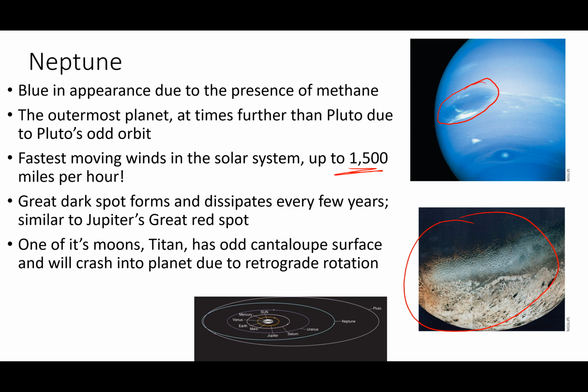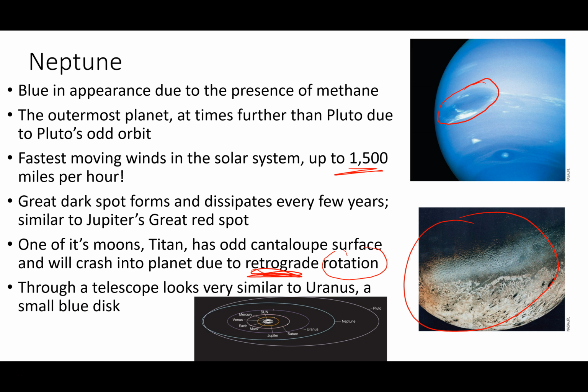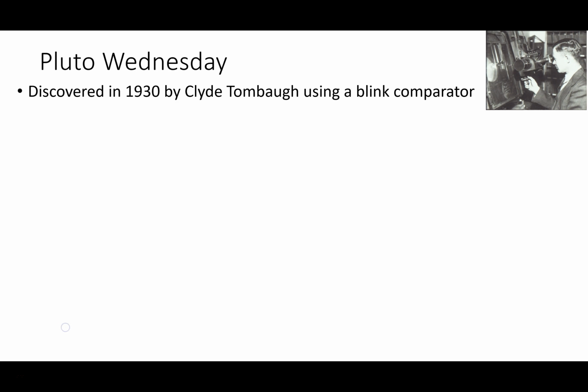The thing about this moon actually is that it is going backwards. Anytime you hear the word retro, think backwards, retrograde rotation, which means at some point it's going to smash into the planet Neptune, and probably give Neptune another ring. Neptune again looks like a little blue disk.